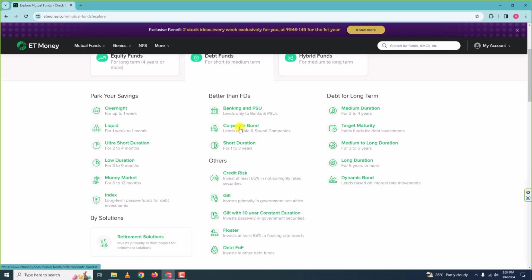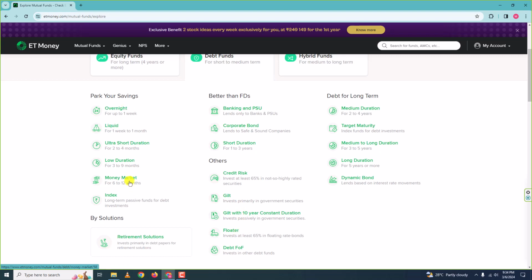The funds under this category lend money to private companies. All right. Next we have gilt funds. Here the mutual fund invests only in government bonds or government securities.